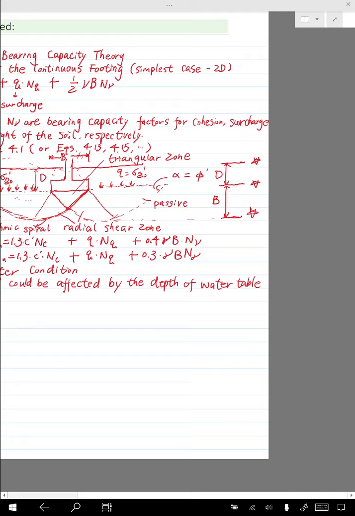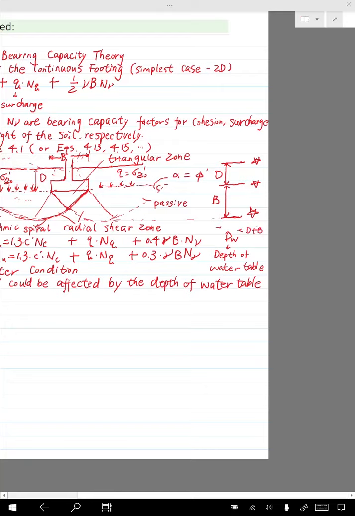If the depth of water table, let's call it dW. So this is the depth of water table. If this one is below D plus B, that means it's somewhere below this boundary of influence. Then in that case, the water table will neither affect Q, because the Q is affected by the unit weight above it.